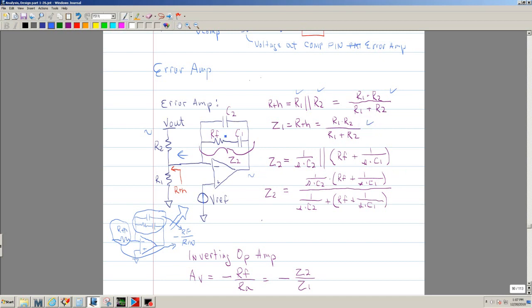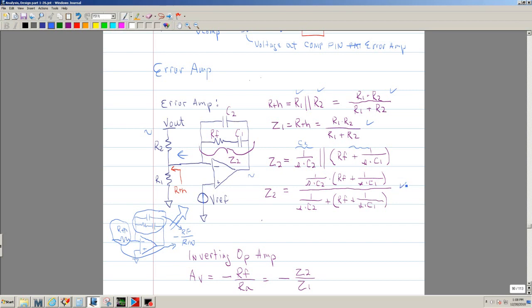And then Z2, if you do the circuit analysis, you can see that C2 is in parallel with the series combination of the RF plus C1, the integrator. So this is C2, in parallel with this combination, which is right here. So then when you do the math, you end up with this equation.